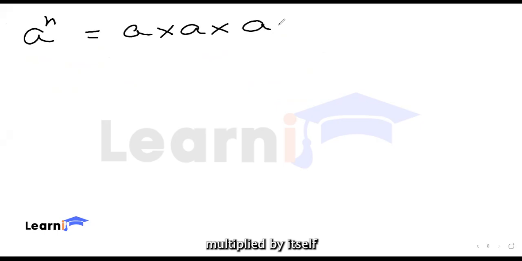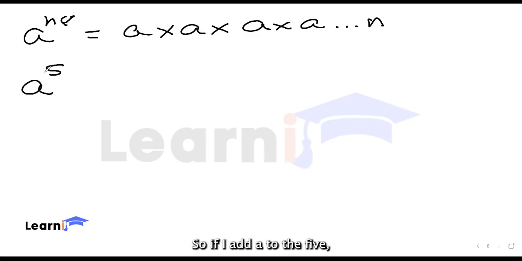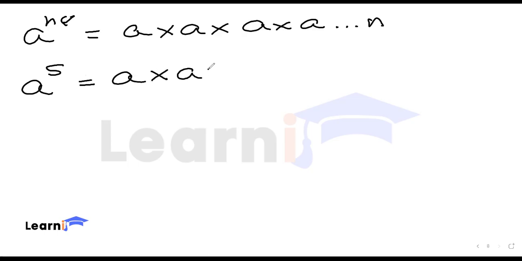So a to the n is the same as a multiplied by itself n times. n is the number or the exponent. So if I had a to the 5, it means that I multiply a by itself 5 times.